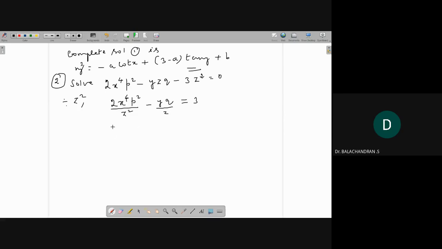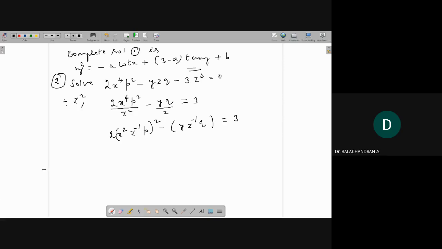Now you can rewrite 2 x square z power minus 1 into p whole power 2, x power 4 z power minus 2 p square, minus y z power minus 1 q equal to 3.